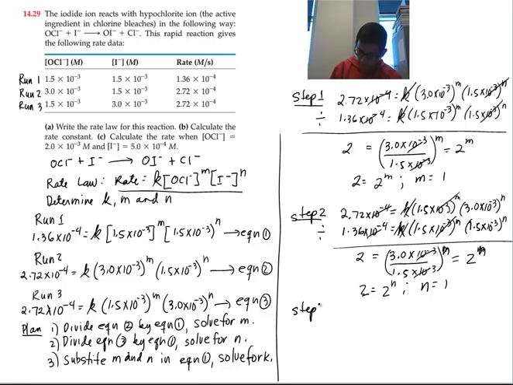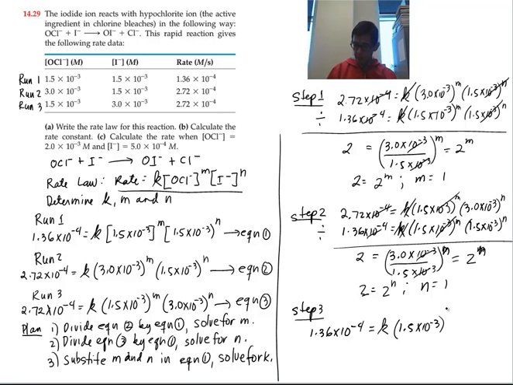Step 3. Substitute m and n in equation 1, solve for k. So we have to rewrite equation 1. 1.36 times 10 to the negative 4 equals k times 1.5 times 10 to the negative 3 raised to the m.